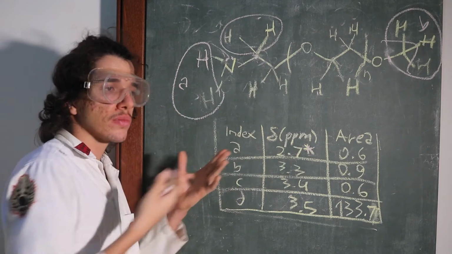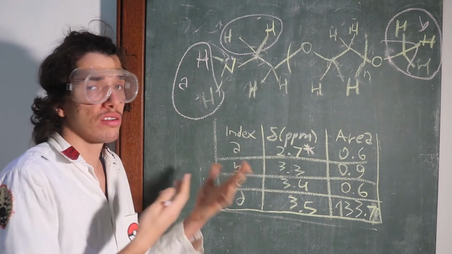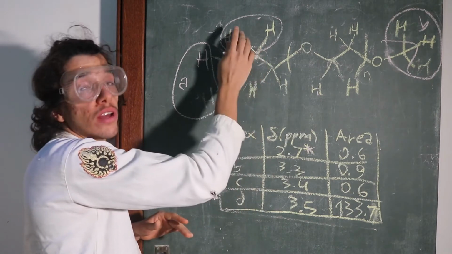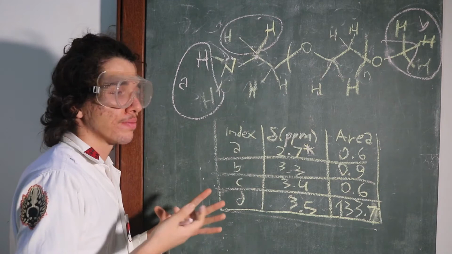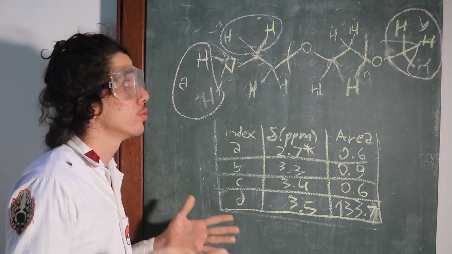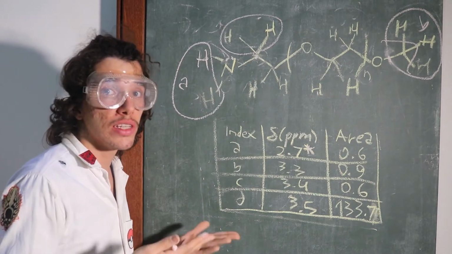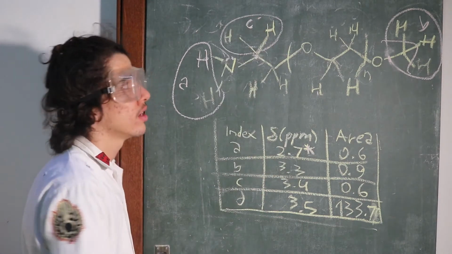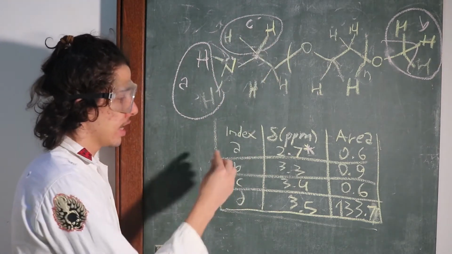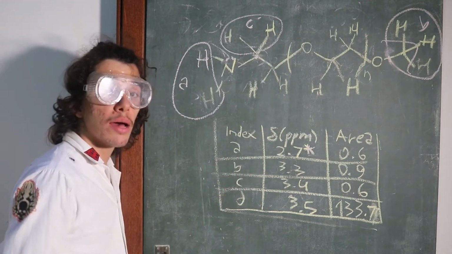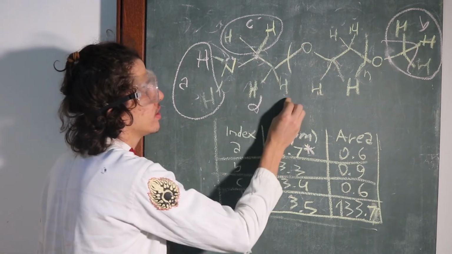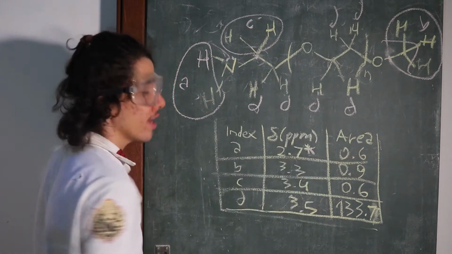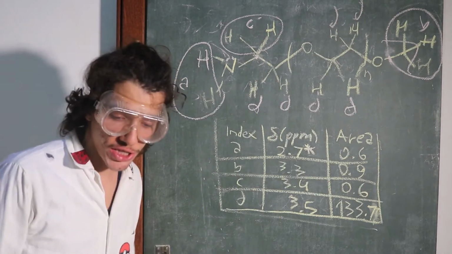This different polarization changes the way the carbon-hydrogen bond is polarized, so the chemical shift is different, and then we can assume that these are C, both of the hydrogens. If they are C, the rest of them is D. So D, D, D, D, D, D. Okay? So we finished here.